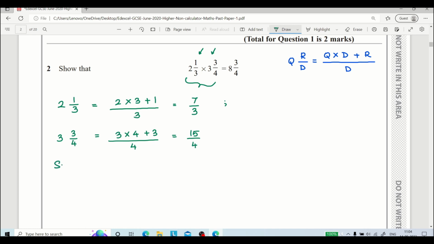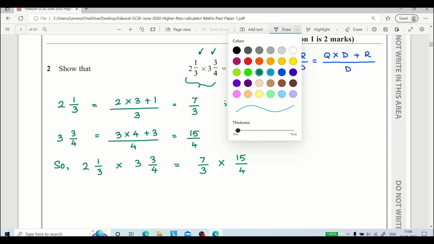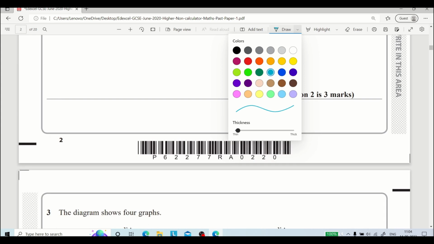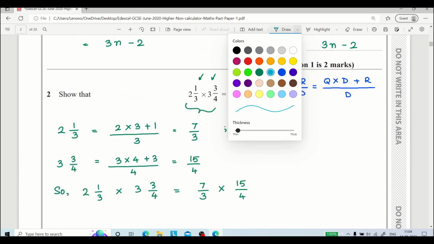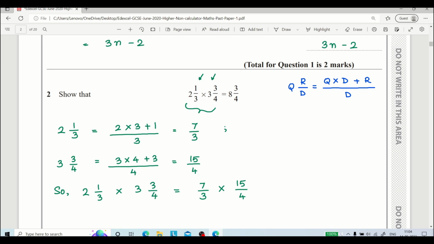Now, we'll just multiply these two. So that gives us 7 over 3 into 15 over 4. If we carefully observe 3 and 15, they both appear in the table of 3, right?